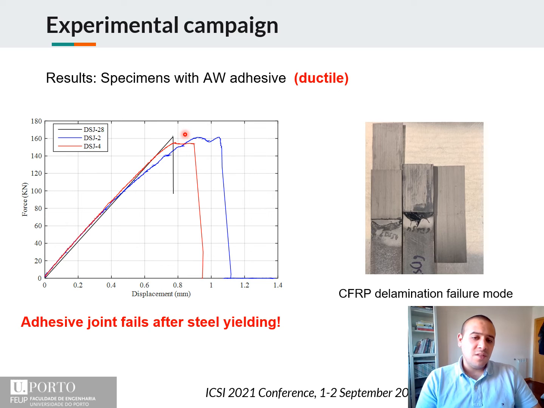And what is very interesting here, what we noticed, is that first the yielding of the steel occurs, then we have the failure of the joint. These are very promising results, especially from the design perspective, because one can use the steel yielding criterion as the criterion for failure of the joint, which is much easier than any other existing methods.